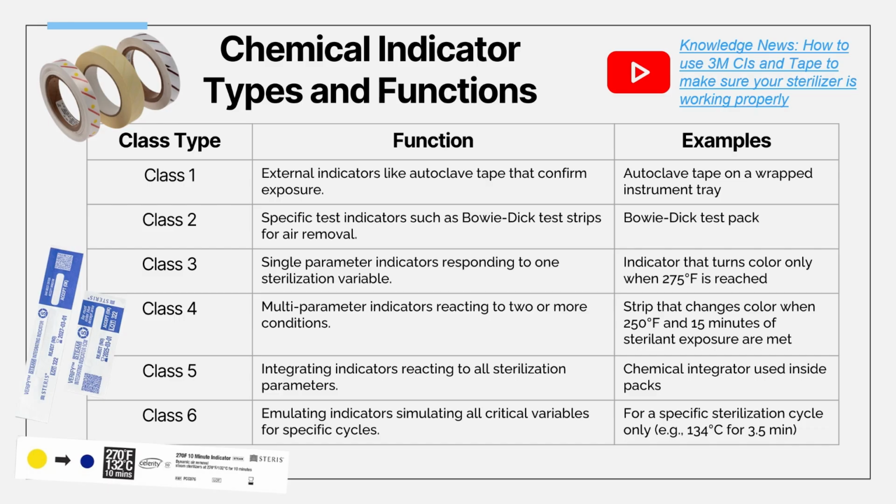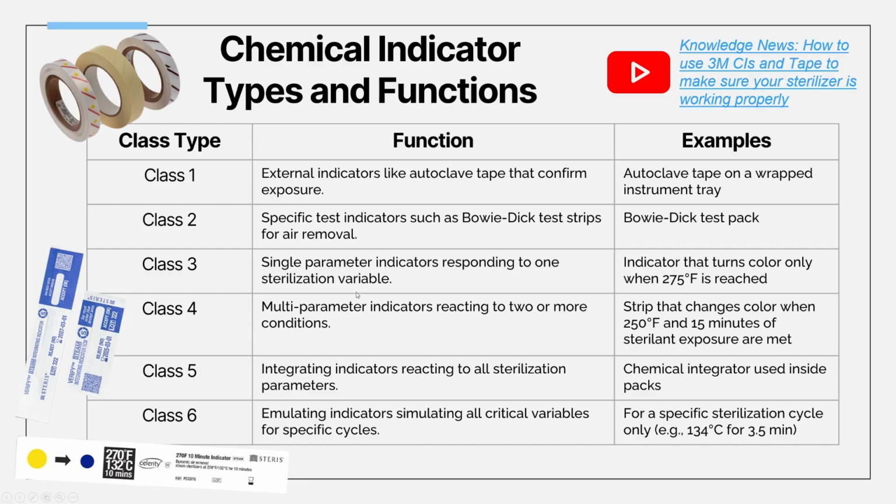So it ensures that we reach a certain temperature threshold or a certain steam exposure threshold. So we rarely use class 3 indicators in hospitals. They're probably more used in research labs or by manufacturers that are testing certain conditions in sterilizers or other machines that they're coming up with.